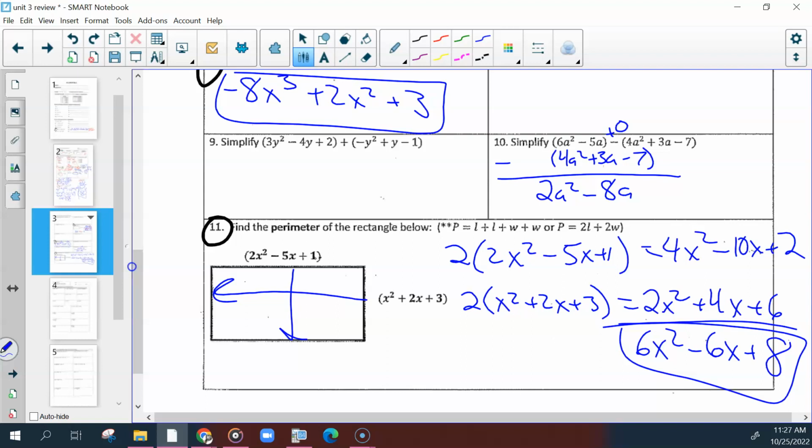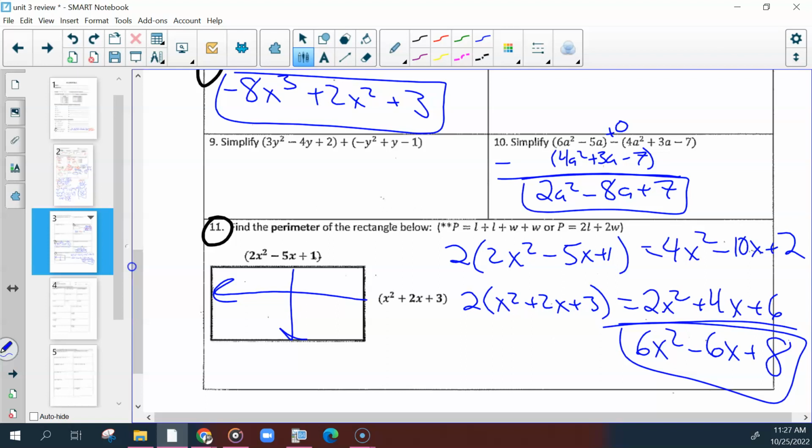Positive 7. You could have also distributed the negative to everything in the second set of parentheses, and then just combine our terms. Either way would work.